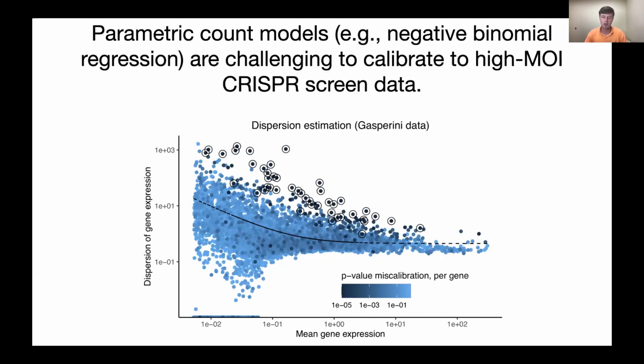So for example, you could include sequencing depth as a covariate in a negative binomial regression model. However, this is also problematic because the single-cell CRISPR screen data are very noisy, and it turns out that parametric models tend to not fit very well to the data.